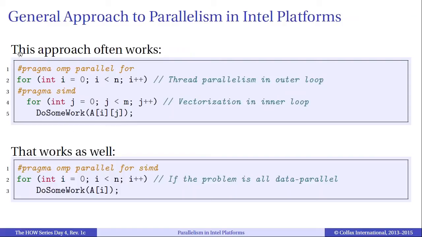And this is an example of code that will actually do that. This pragma we have not studied yet, and we will talk about this today. And some applications are actually all data parallel. In this case, you can distribute workload both across vector lanes and across multiple threads.